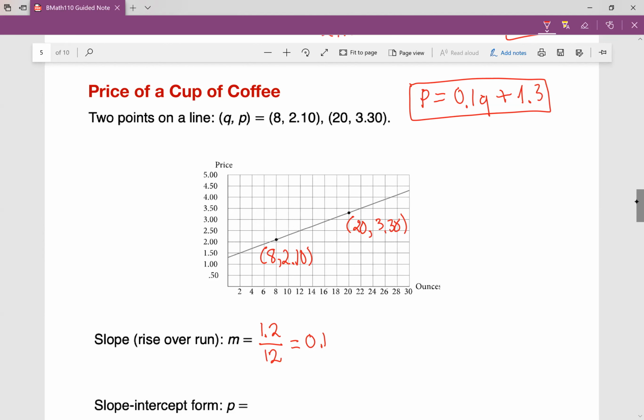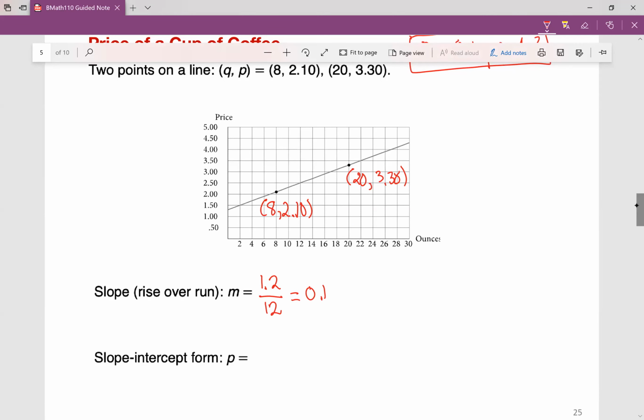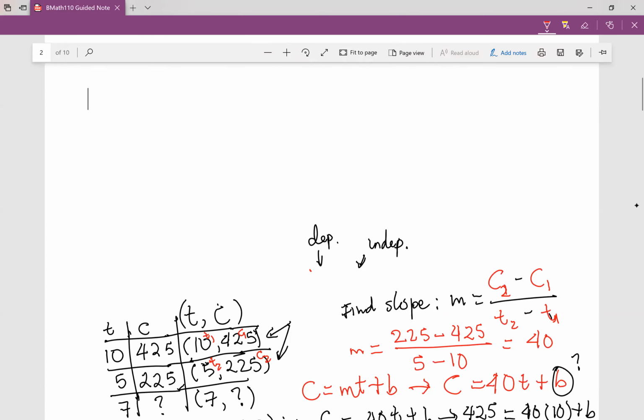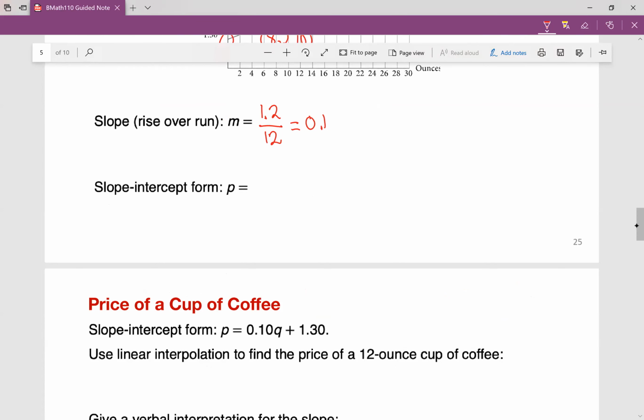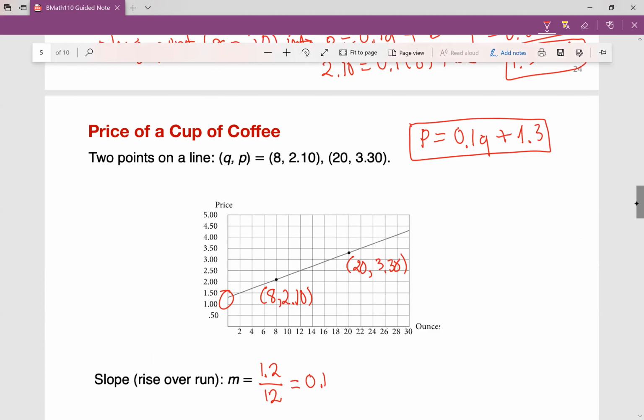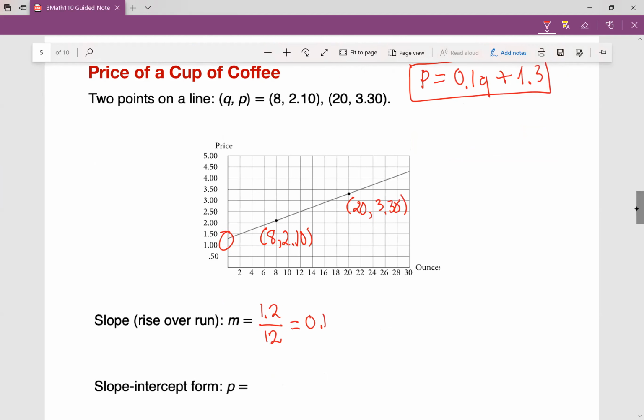And then the slope intercept form is over here, P equal to 0.1 Q plus 1.3. And let's see what's the next one I ought to do.